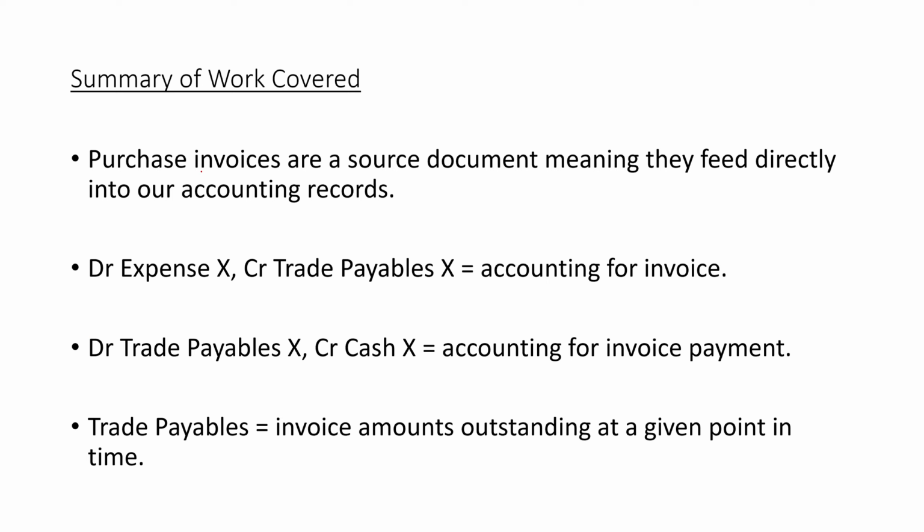Our first point, which we didn't touch on but is good to touch on now, is that purchase invoices are a source document, which means that we use them to update our accounting records. When we account for an invoice, we put the debit to expense and credit trade payables. So that's how we account for an expense invoice.